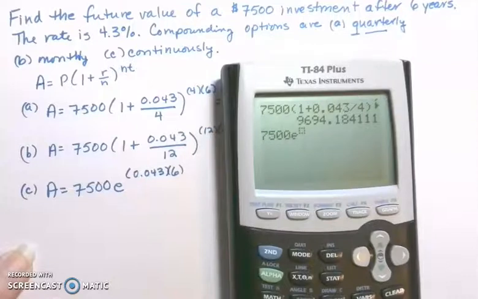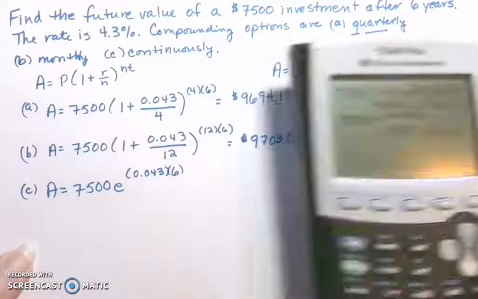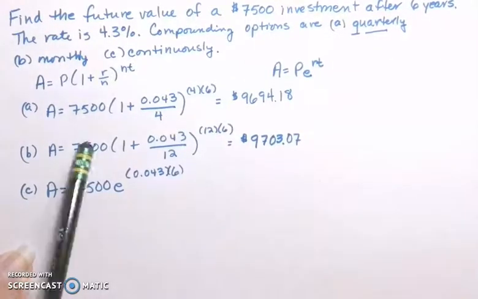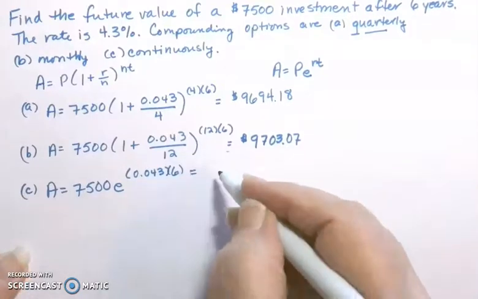There's my e, and I'm going to put in here in parentheses 0.043 times 6, close my parentheses, and if it is compounded continuously, it is $9,707.54.